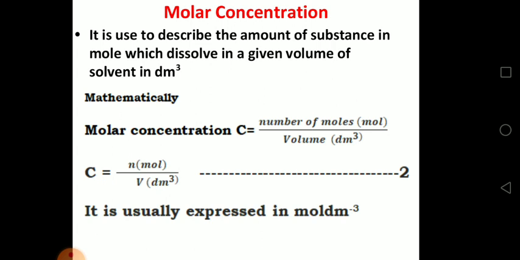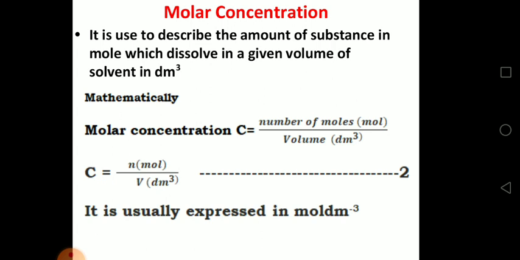Okay, we're going to talk about molar concentration. Molar concentration is used to describe the amount of substance in mole which dissolves in a given volume of solvent in dm cube. Now, I want us to get it clear. In the previous definition of mass concentration, we said it described the mass of substance in gram. Here we are looking at the amount of substance in mole which dissolves in a given volume.